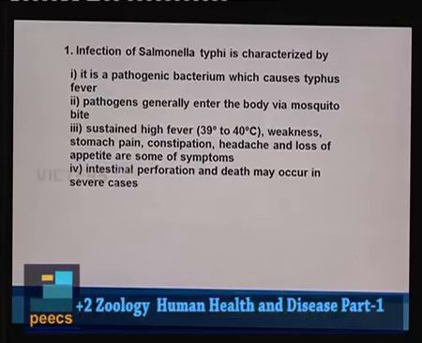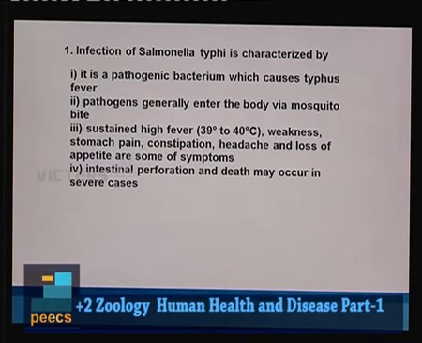Now we will discuss some questions that are related to the topic that we have discussed. Here we have the first question. Infection of Salmonella typhi is characterized by: some statements are given. First statement, it is a pathogenic bacterium which causes typhus fever. Second, pathogens generally enter the body via mosquito bite.